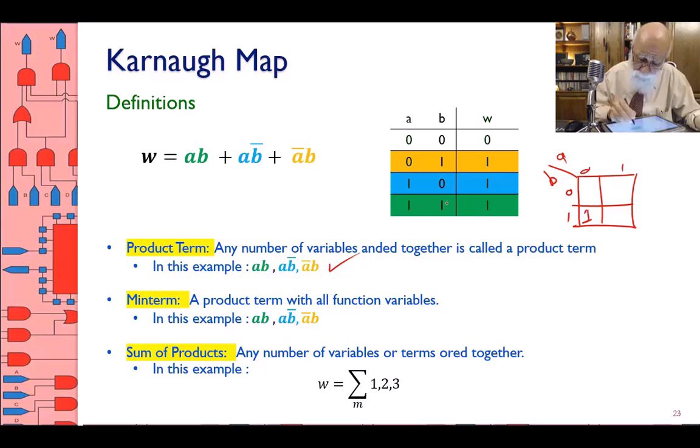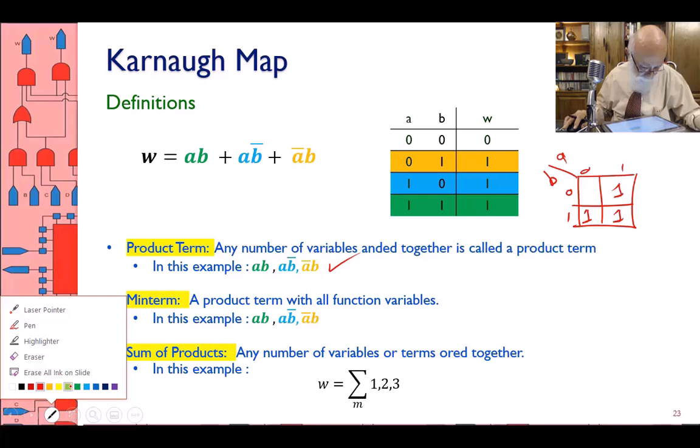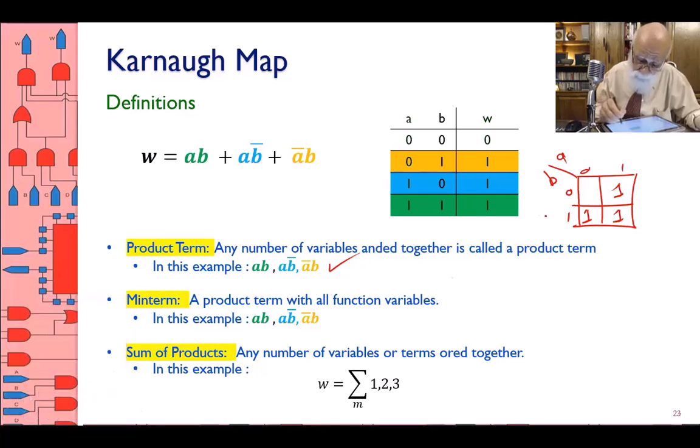A01 is one of them, A10 is the other, and A11 is the other. Okay?